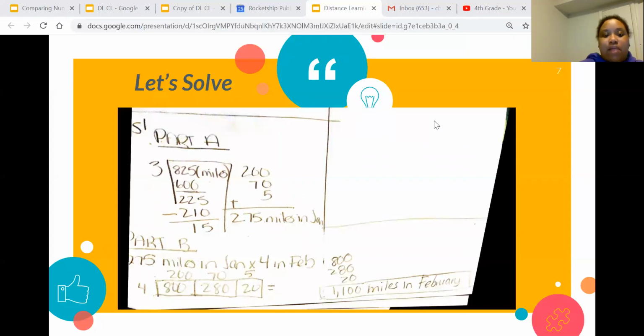By looking back at my plan, I know that's not all I'm solving for. I multiplied 275 miles in January times 4 to represent the miles in February. The product is 1,100 miles in February.